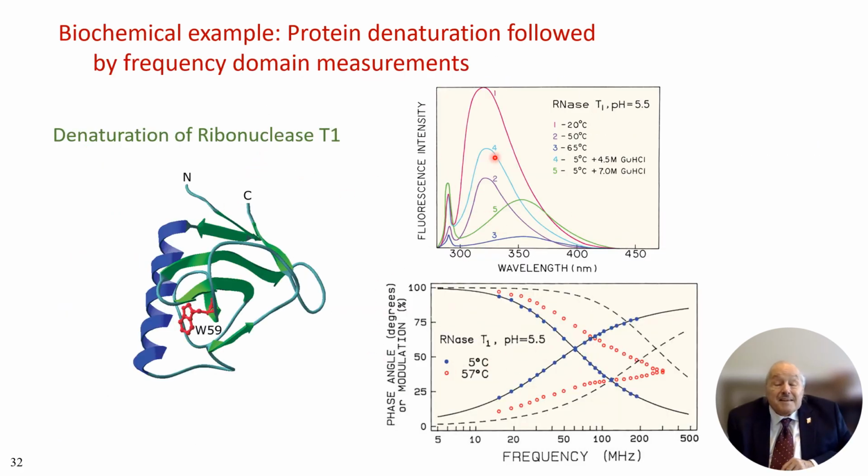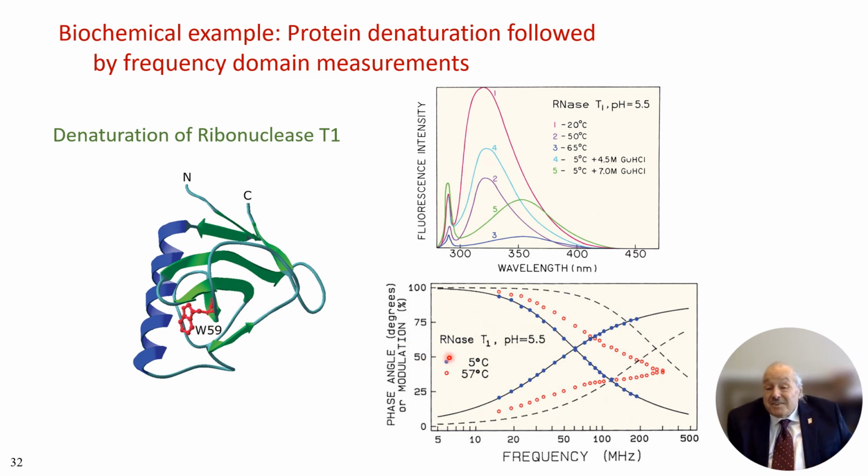Oh, I just want to give you, I've always liked this biochemical example of a protein denaturation followed by frequency domain measurements. So I chose ribonuclease T1 because it's a single tryptophan protein, and it has a very nice single exponential decay when it's in the native state, which suggests that the tryptophan is in a single environment when it's in the native state.